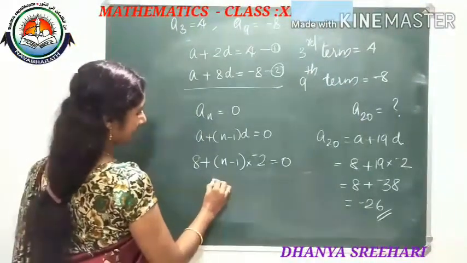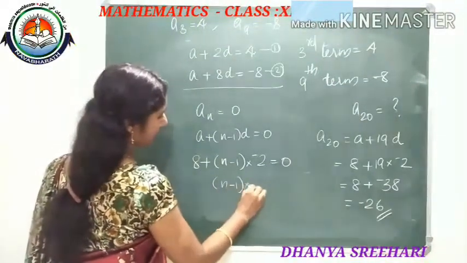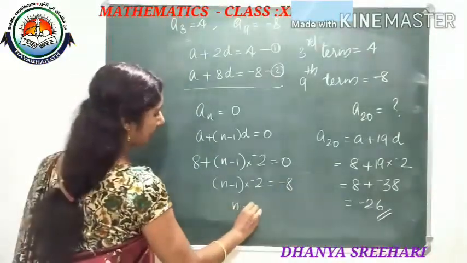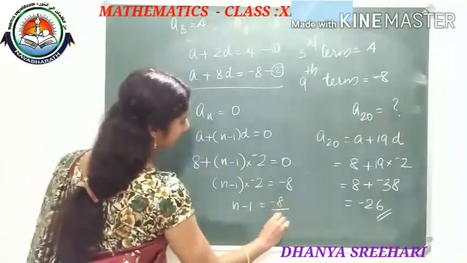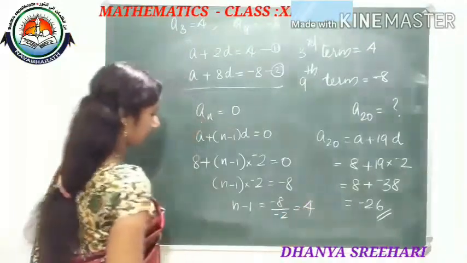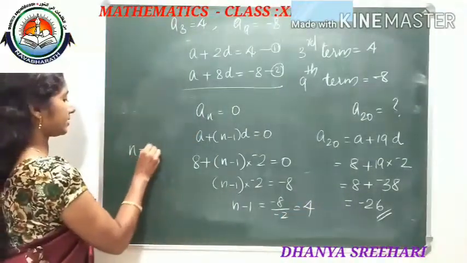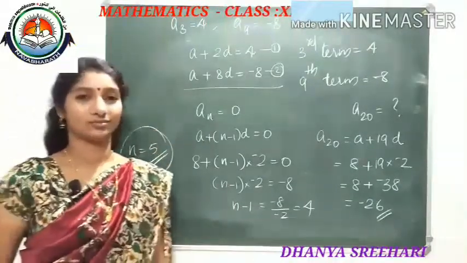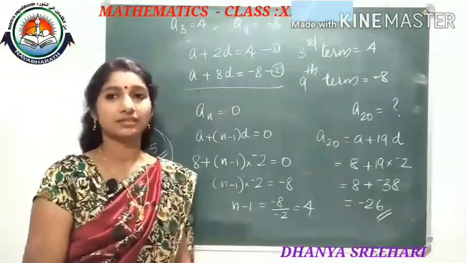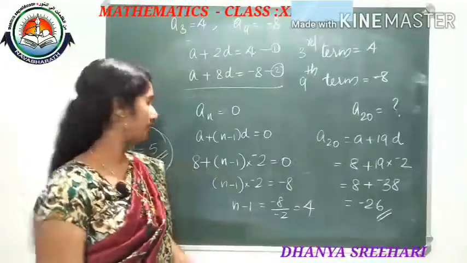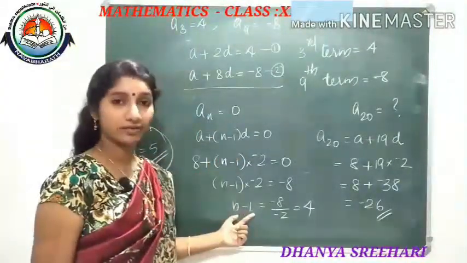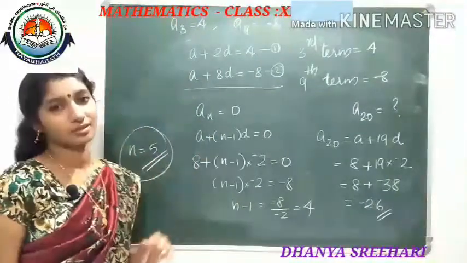So n minus 1 into minus 2 is equal to minus 8. So n minus 1 is equal to minus 8 by minus 2, which is 4. So n is equal to 4 plus 1, 5. So the fifth term will be 0. This AP's fifth term will be 0. We just assumed the nth term will be 0 and calculated the value of n, and we got the fifth term is equal to 0.